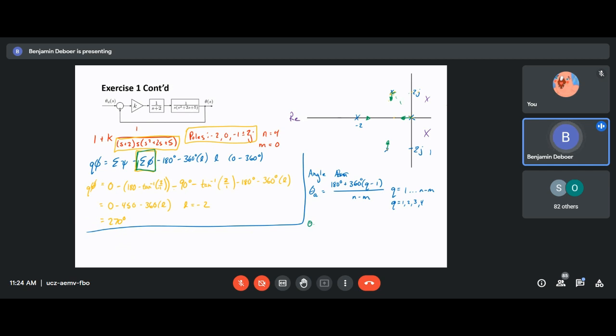And so theta A is going to be equal to 180 degrees over 4, which is going to be 45 degrees. This is at Q equal to 1. The angle where Q is equal to 2 is equal to 180 degrees plus 360 divided by 4, and that gets us 135 degrees, I believe.